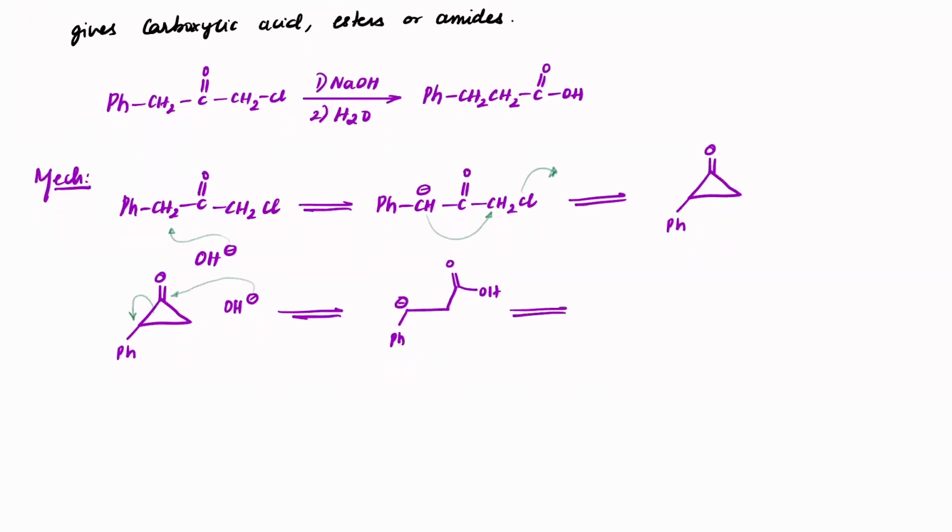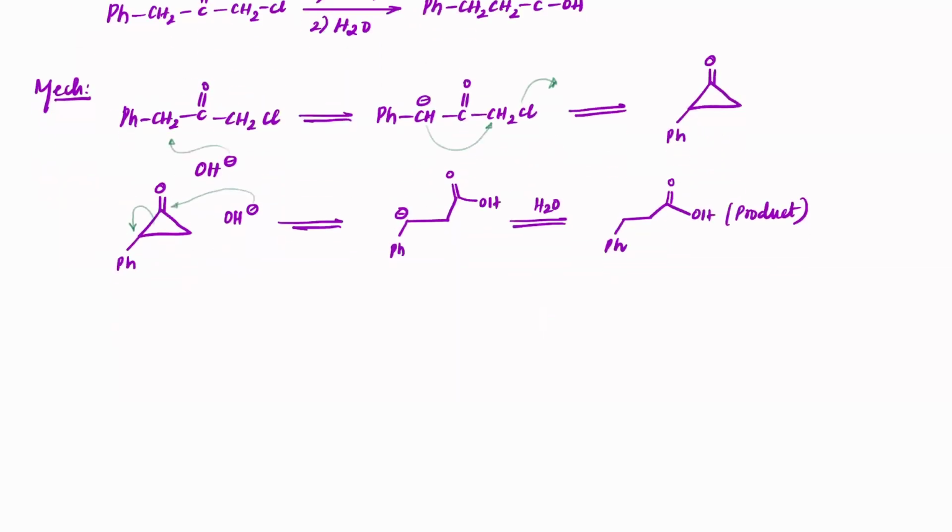Now this on hydrolysis will convert into double bond O, OH, and here this will be Ph. So that is the product formation, correct? This is the evidence that there is a three-member ring which has been formed.